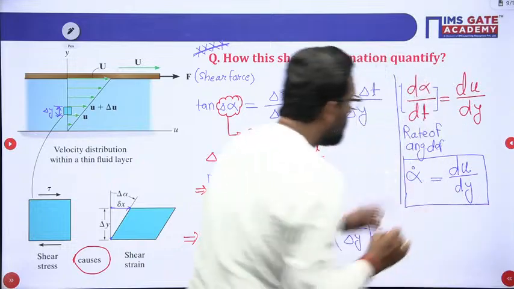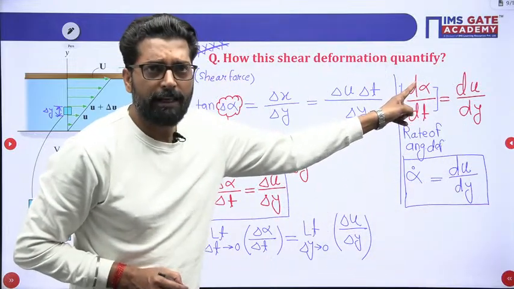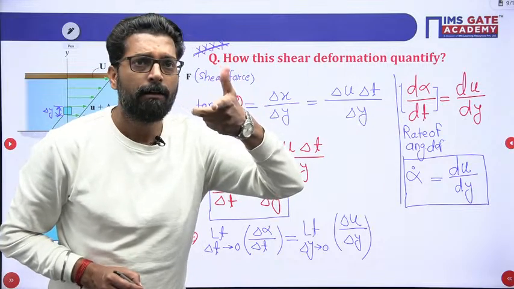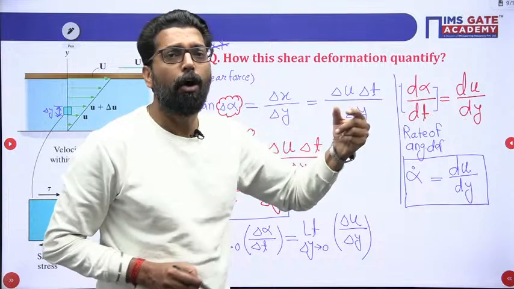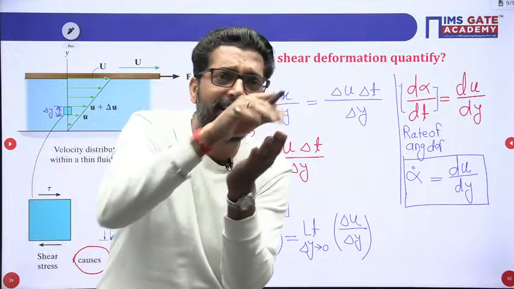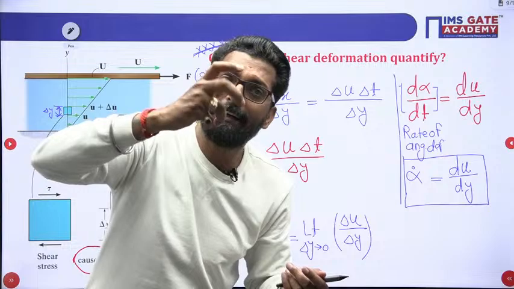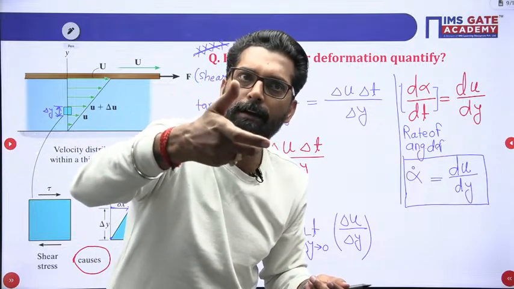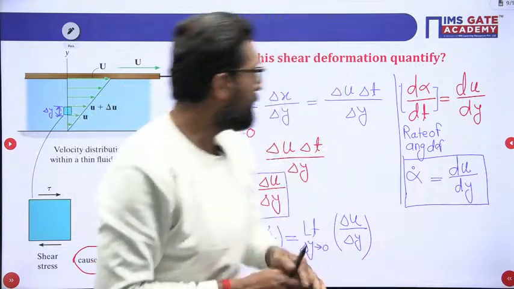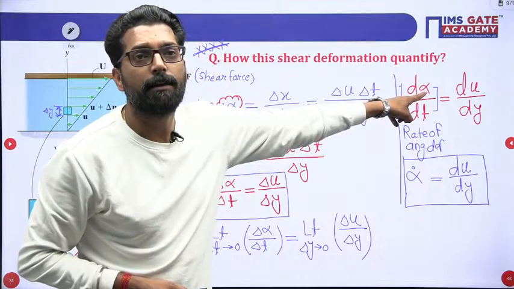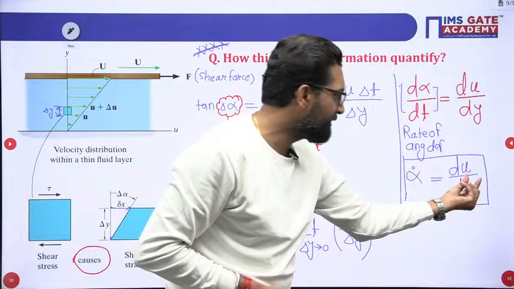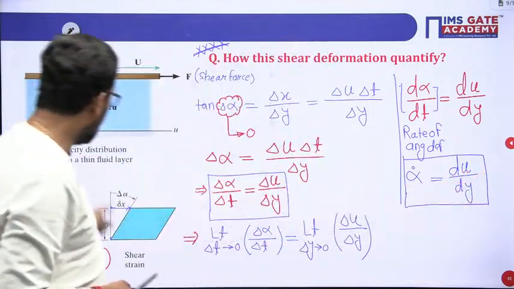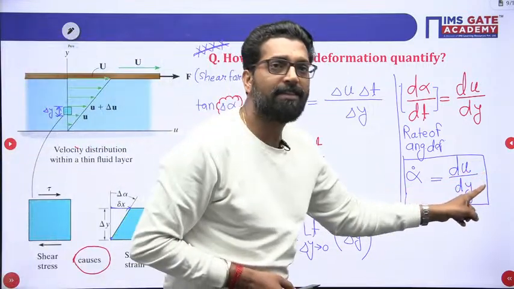Why? Because practically you cannot measure d alpha by dt. If you apply the shear stress, the fluid is continuously deforming, so how can you measure d alpha? You cannot measure it. But this one you can measure. There is a velocity profile; you can just differentiate it.